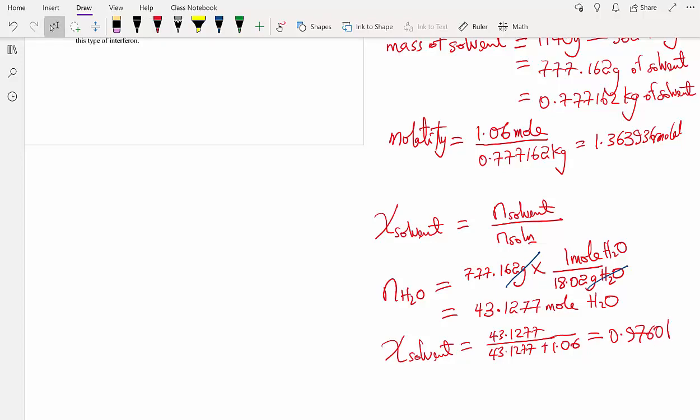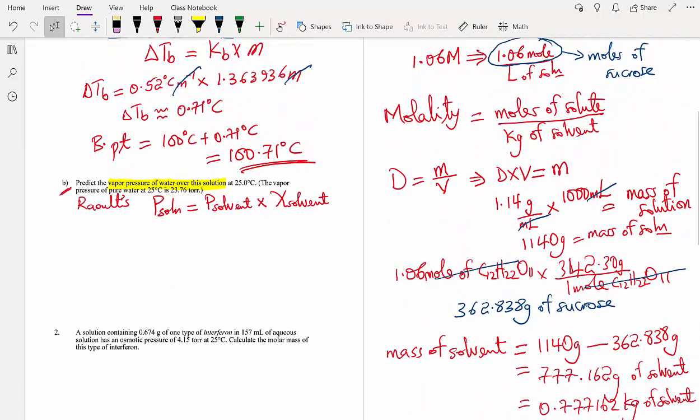Let us now calculate the vapor pressure over this solution. The vapor pressure over the solution will be equal to the pressure of the pure solvent, which is 23.76 torr, as you can see here, multiplied by the mole fraction of the solvent, which is 0.97601.